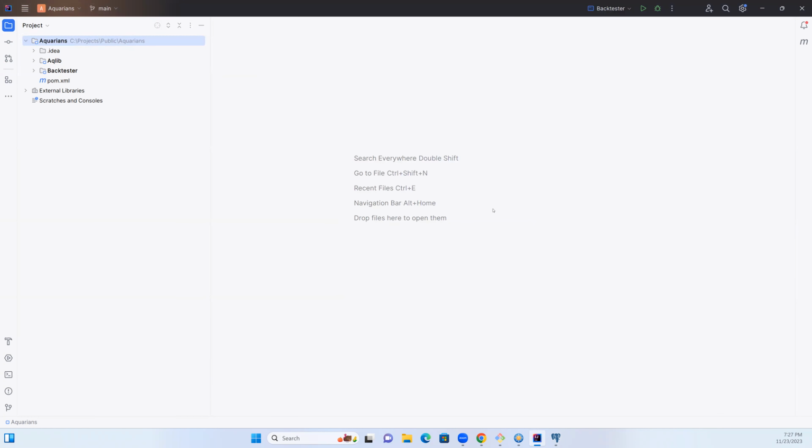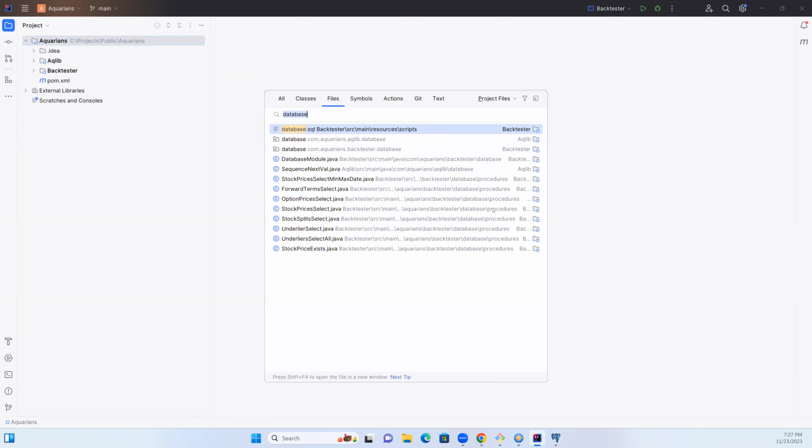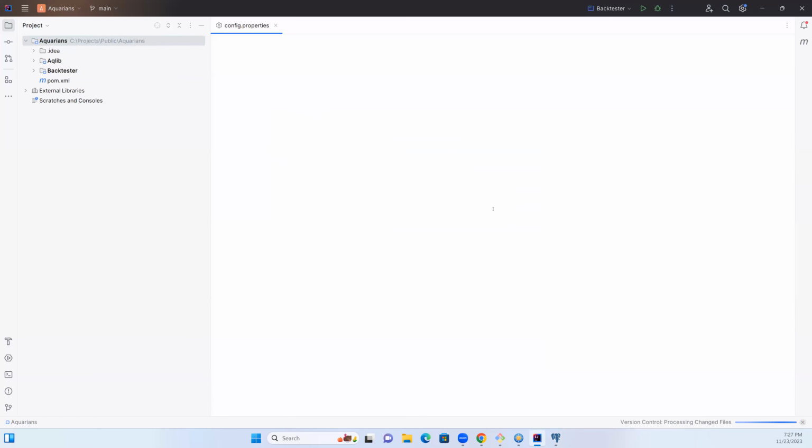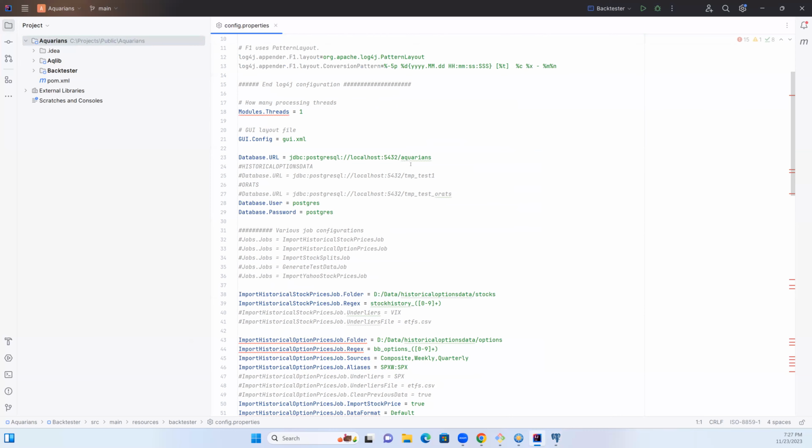Now we have to verify the database connection parameters. So Control-Shift-N and look for config.properties. And here you'll see the connection parameters. The database is called Aquarians.